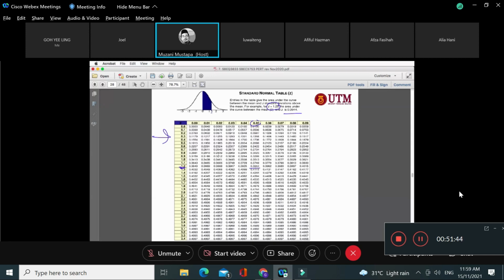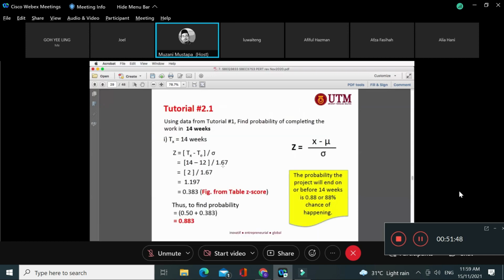Okay, how to use it? Let's move to the tutorial. In this tutorial, you can see the data is the same as before, but I just maintain or change the mean. Remember, the mean of 1.67 is wrong if we use the equation with V plus V and so on.